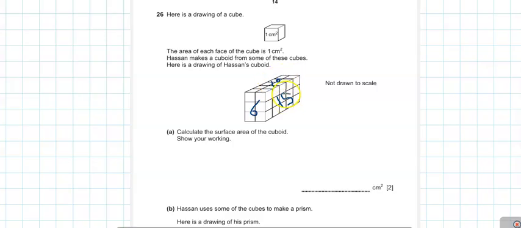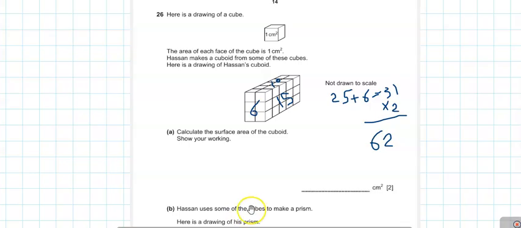Okay, but remember that the cuboid has 6 faces. Each 2 opposite faces are equal. So the total here, 10 and 15 is 25. 25 plus 6 is 31. We need to double it, times 2. It will be 62. Okay.